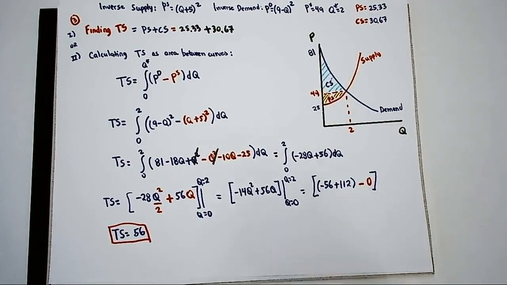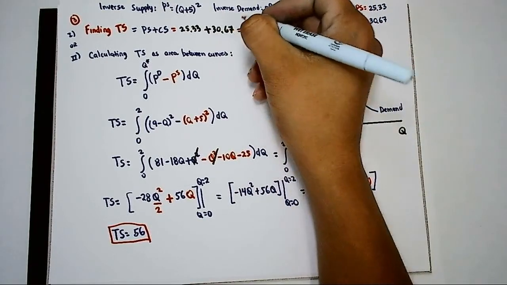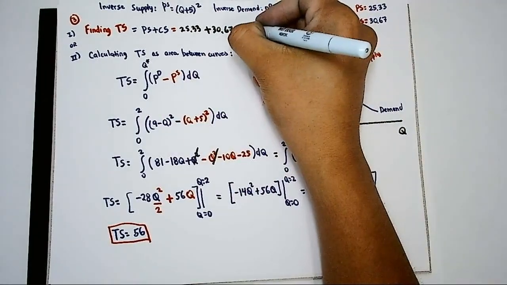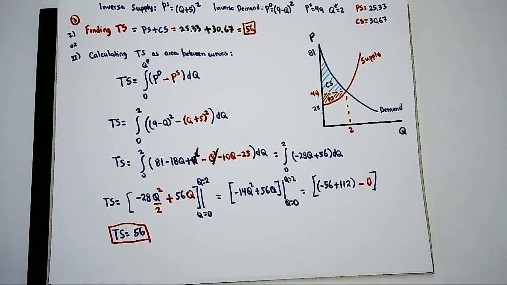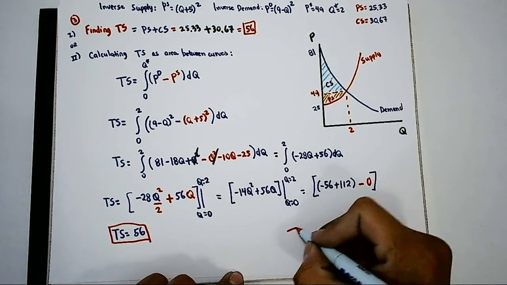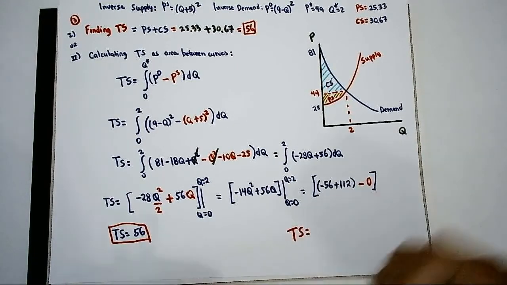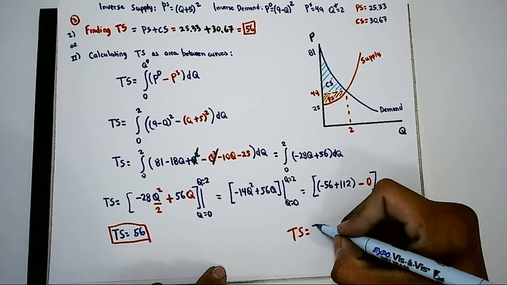Summing these two, we get that the total surplus is equal to 56. Therefore, as you can see, if you use either of these two methods, you will obtain the same answer. Therefore, total surplus is equal to 56.